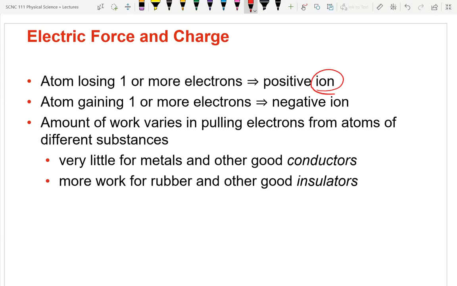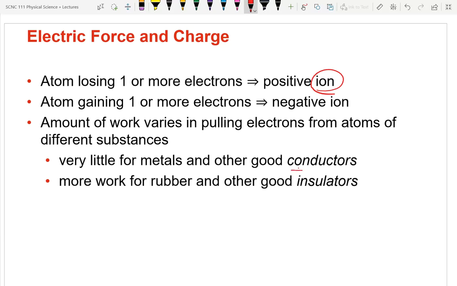You can also have a negative ion where you have more electrons. And then we use a -1 or -2, saying it has one less proton or two less protons. So when we talk about an ion, it's an atom or a molecule that has an electric charge that's not neutral.